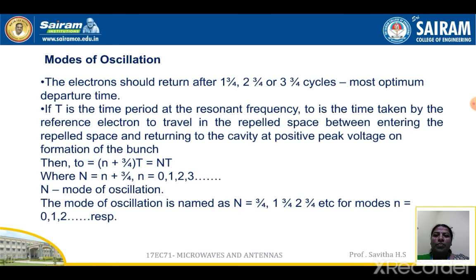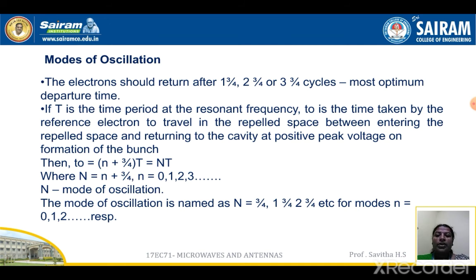Now coming to the modes of oscillation, the electron should return after 1 3/4, 2 3/4 or 3 3/4 cycles, the most optimum departure time. So if T is the time period at the resonant frequency, T0 is the time taken by the reference electron to travel in the repeller space, between entering the repeller space and returning to the cavity at positive peak voltage on the formation of the bunch.